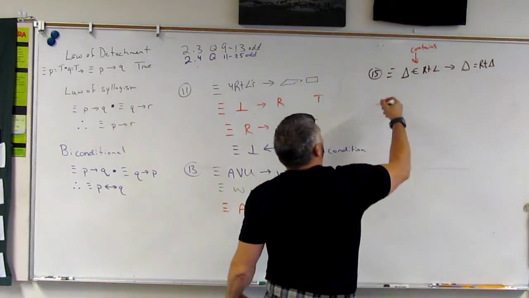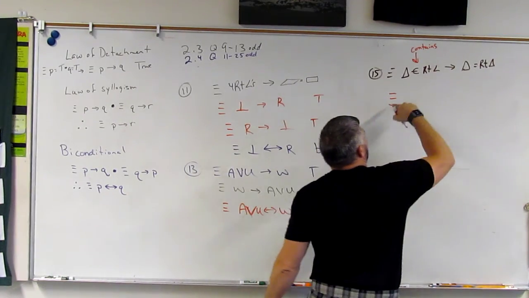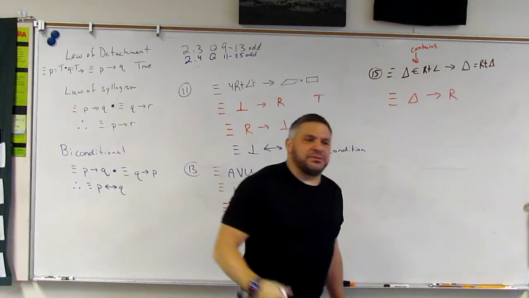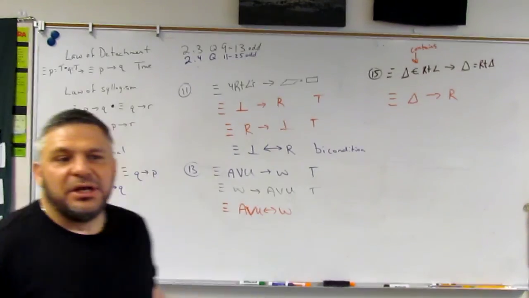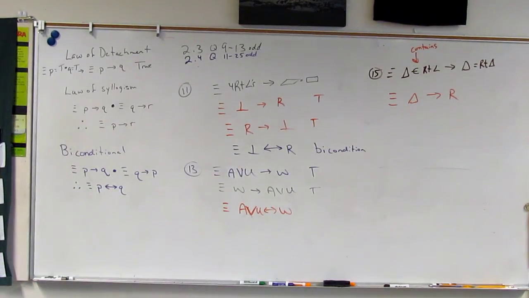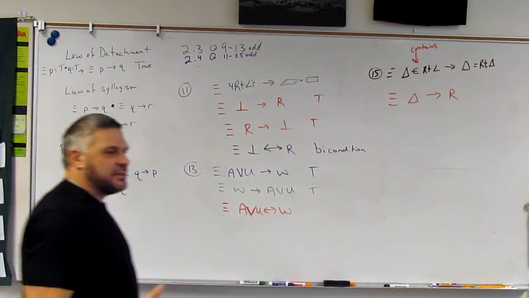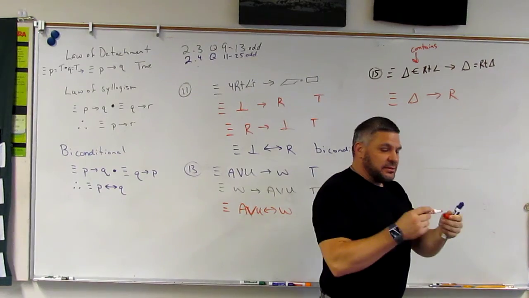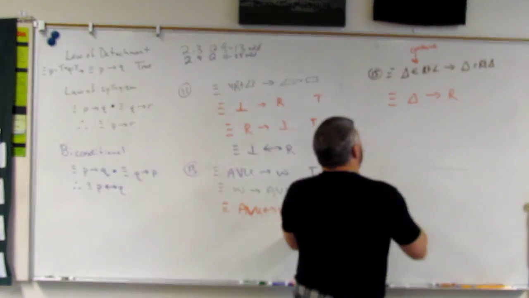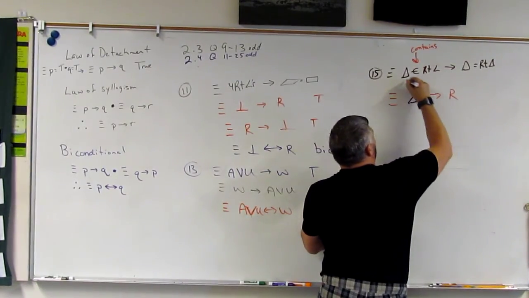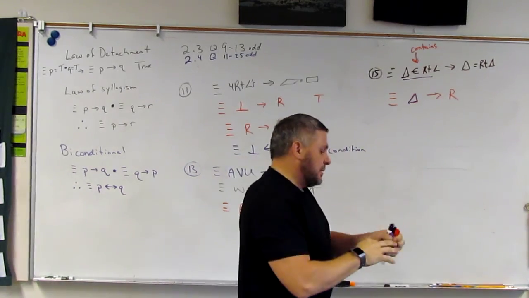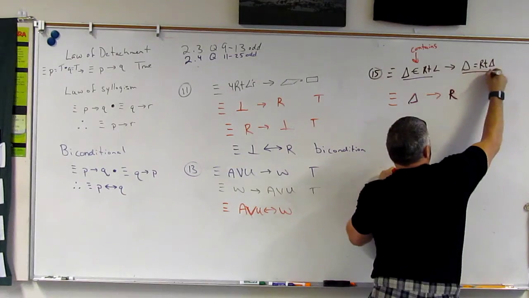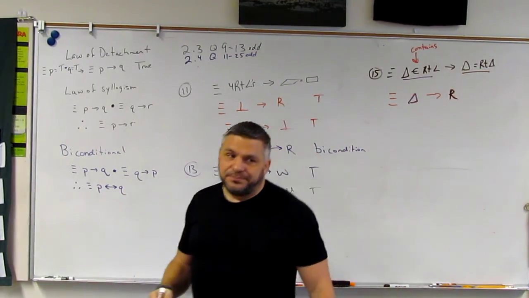Okay? So in other words, I'm going to write this as a statement. If the triangle contains a right angle, then it's a right triangle. So I'm just kind of breaking it down so I can see if the law of syllogism works. So what this is representing is all of this. Does that make sense? So this represents this, and this represents this.